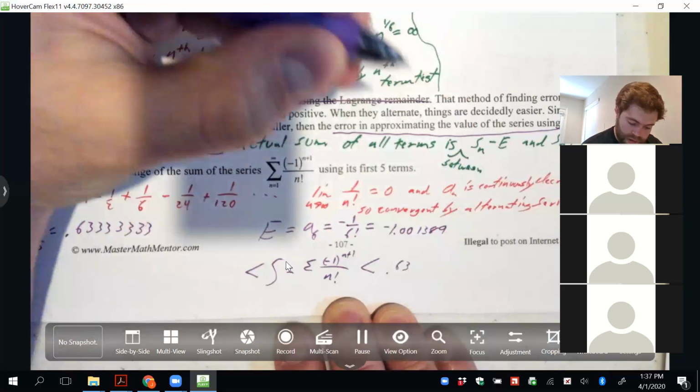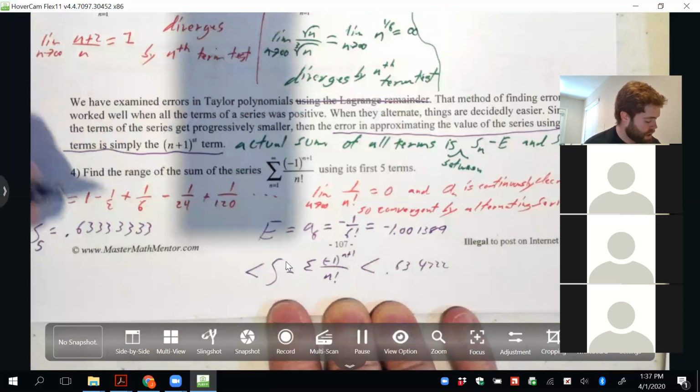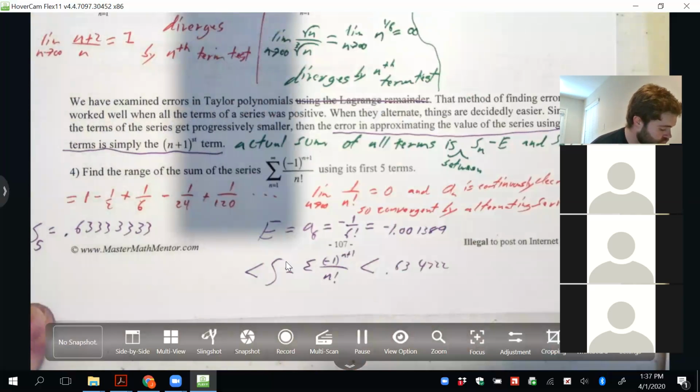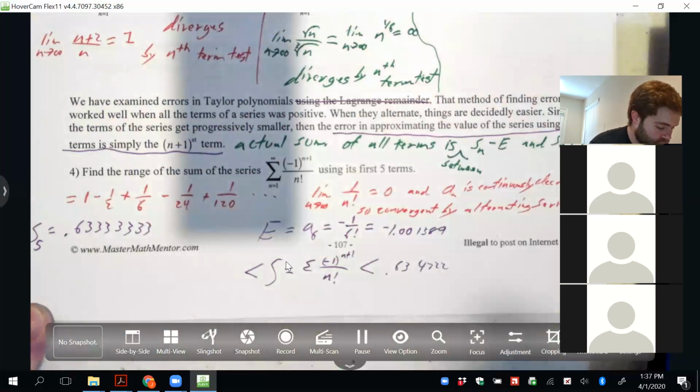0.634722. Mr. Hunter, how'd you get the negative 1.001389? I just typed in my calculator negative 1 divided by 720. I got something different. I got negative 0.001388.